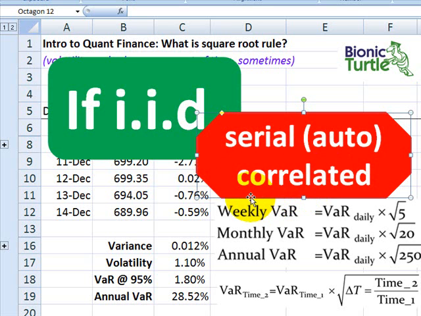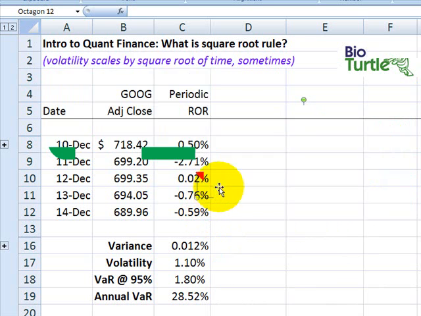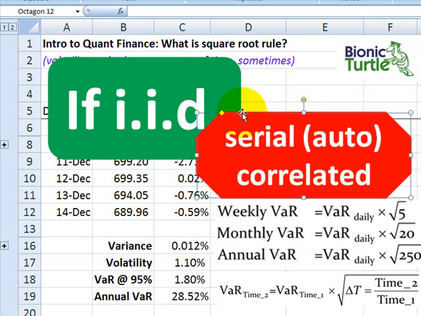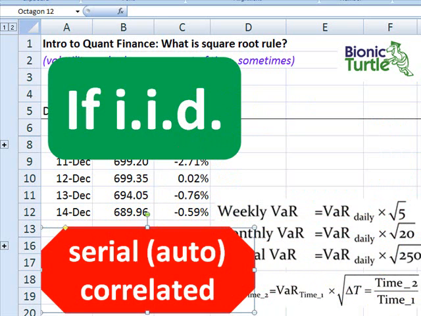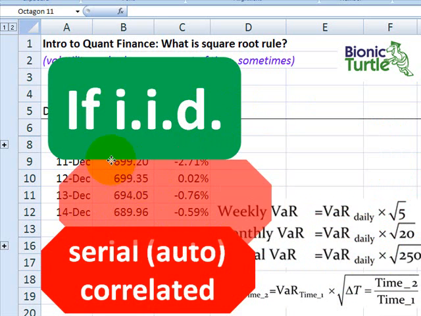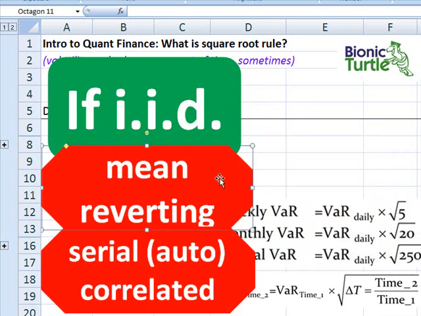We also know empirically that to be the case. Empirically, volatility tends to be sticky and exhibit serial correlation. What do you know? We've empirically violated another assumption of the square root rule. So that's not a terrible thing. That's just a reminder that the square root rule is so convenient that it requires a couple of assumptions that empirically, in practice, we know we violate.